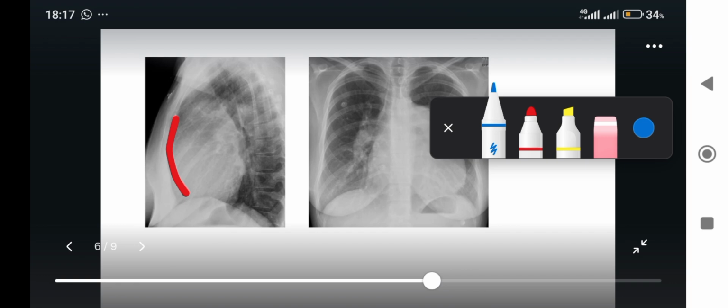Then the filling of the retrosternal space, the level occupied by the filling should be greater than 1/3 of this length you've measured. But in this case, the filling is much more compared to this, it is more than 1/3.